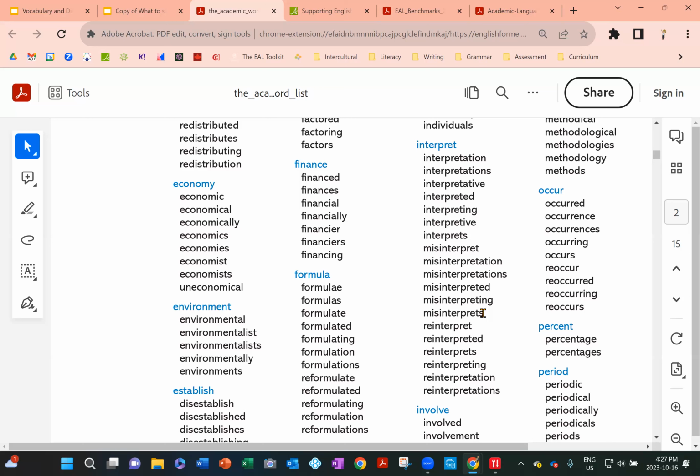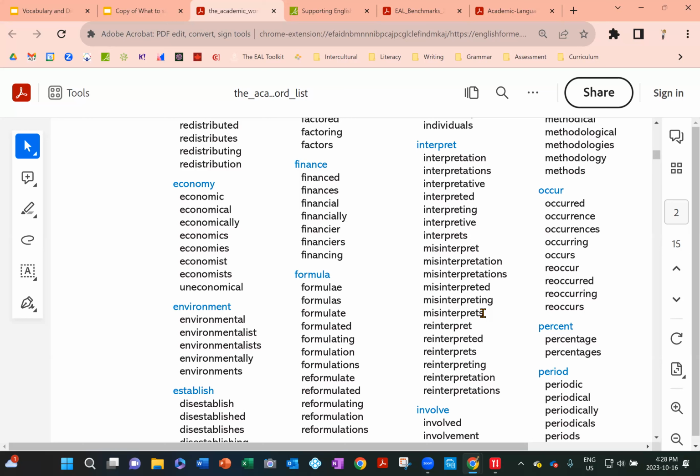In English, we can change the part of speech of a word by adding, like, -tion, or even changing the word, like from interpret to reinterpret, or how past tense works, or any of those pieces.